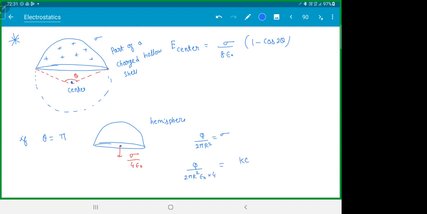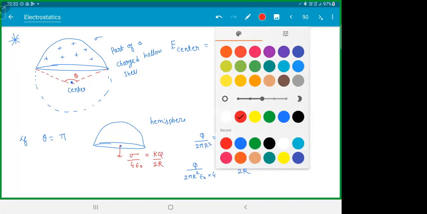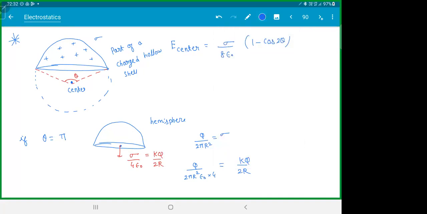That would be kq by 2r, because 1 by 4 pi epsilon is k. So you can write it like that also. That is also an interesting result. kq by 2r. Both are same. Do you want to write in terms of charge or in terms of sigma? This will be easier to remember, I suppose, kq by 2r. You see which one you like. Clear?